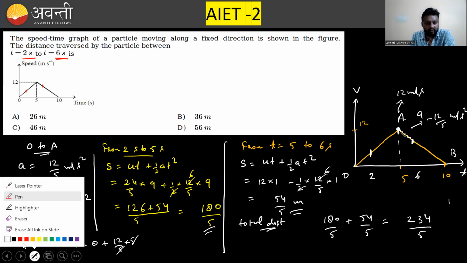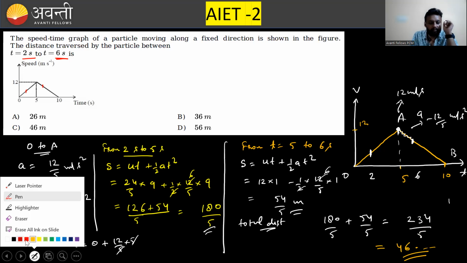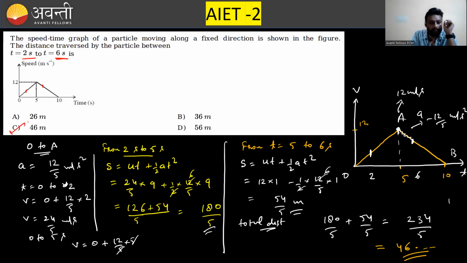And if you divide it, it will be 46 point something. That means it is around 47, which is your option number C.